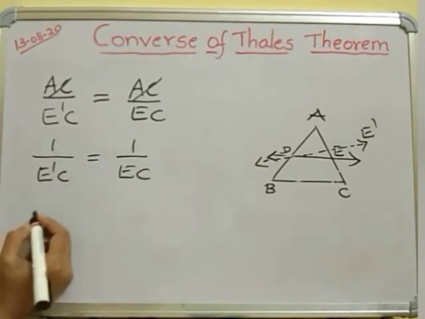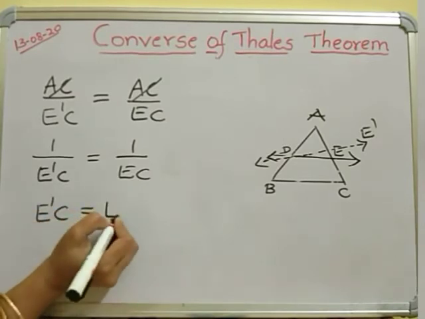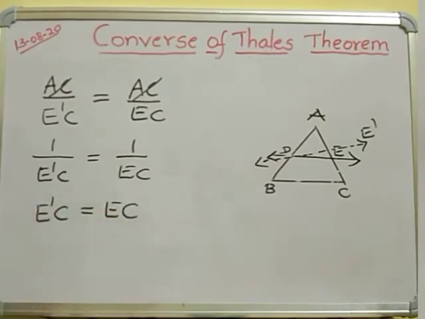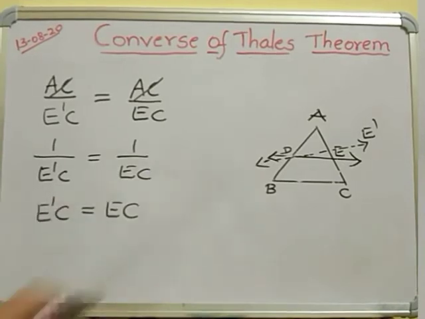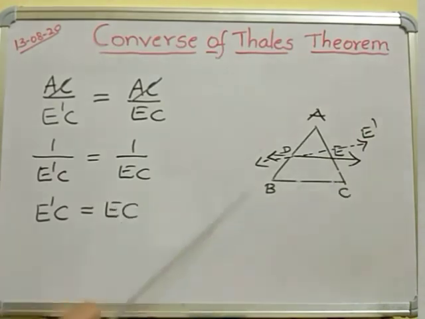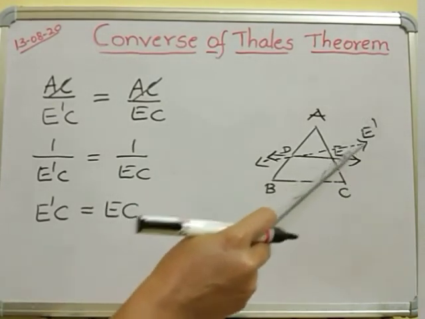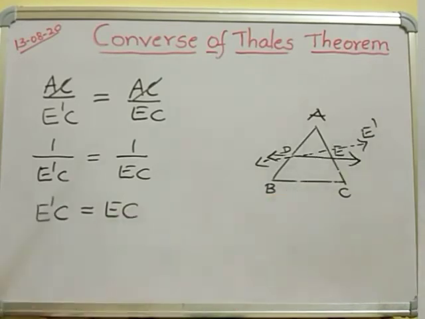That means we can say that E dash C is equal to EC. What does it mean? E dash C is also equal to EC. So when is it possible? Only when E dash and E coincide with each other.